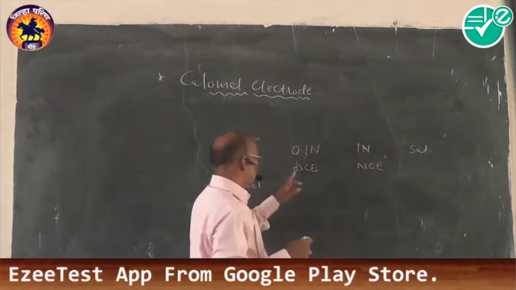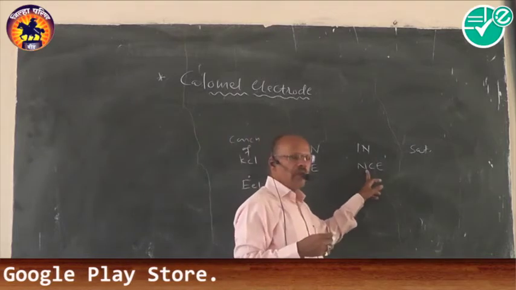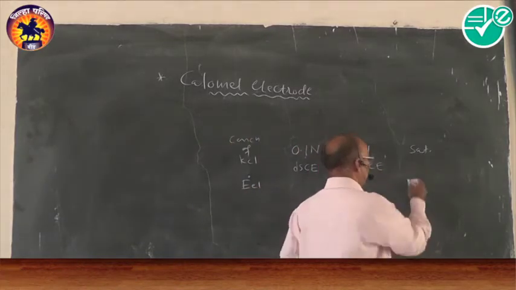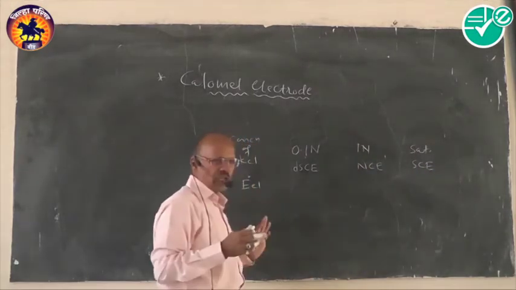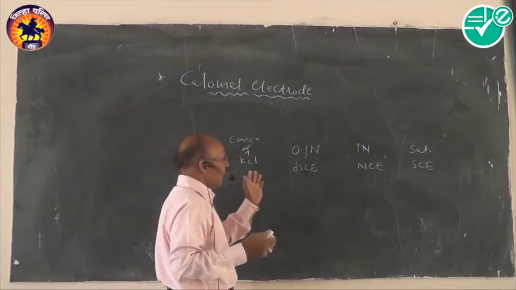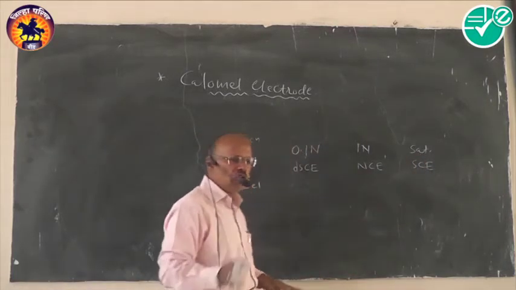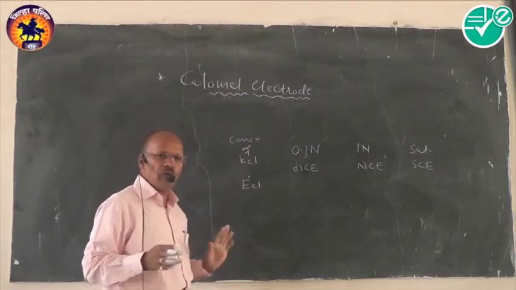Okay. These are the decinormal calomel electrode, normal calomel electrode, and saturated calomel electrode. Particularly these concentrations are there. In this case, the saturated one has the highest concentration. Now, how does the electrode potential vary with the concentration? It is a very important topic as far as the calomel electrode is concerned.